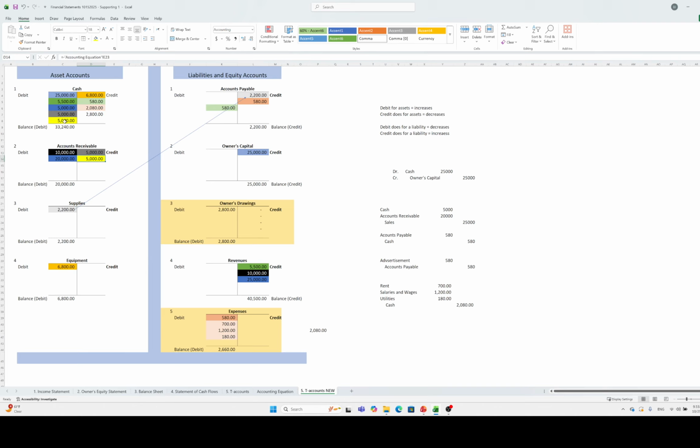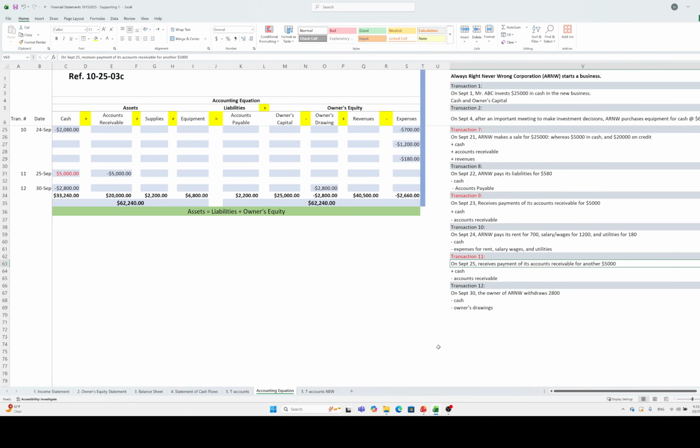Basically, cash is debited for $5,000, and accounts receivable is credited for $5,000. So there is no change in assets. The people who owed us money give it back, and it's now converted from accounts receivable to cash.